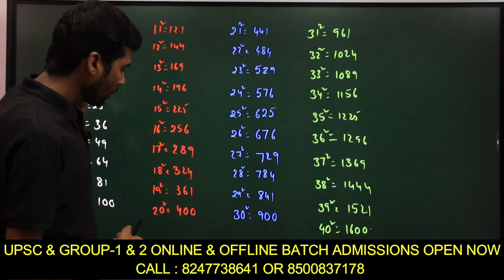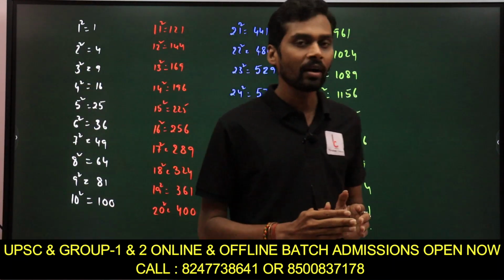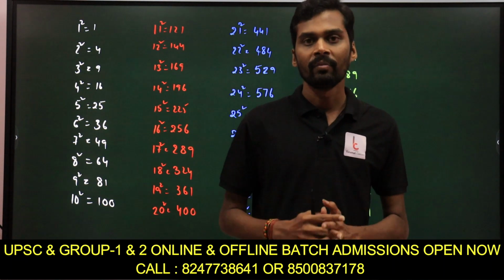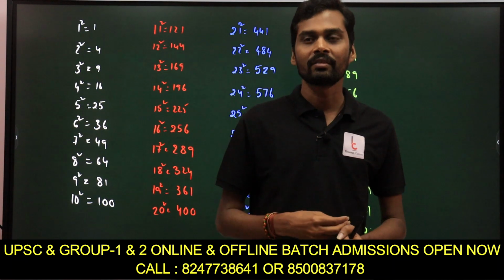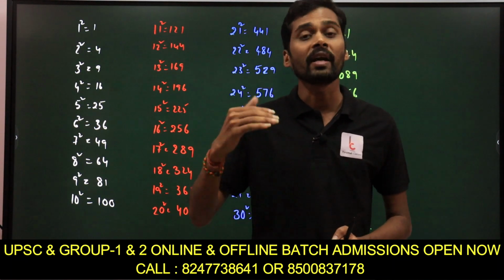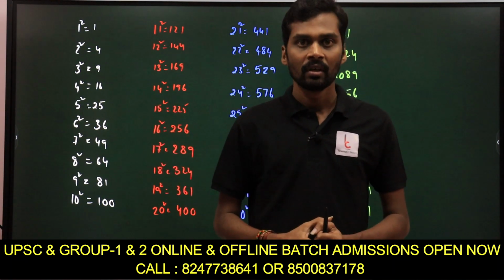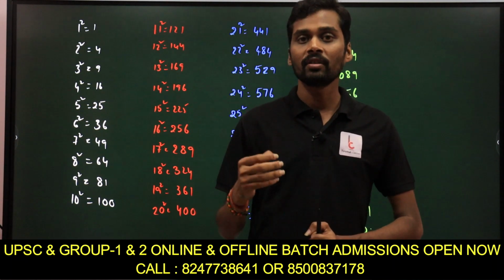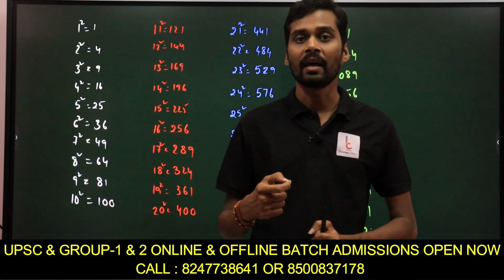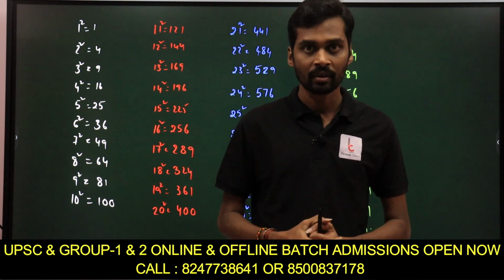Because when you do problems on reasoning or arithmetic, most of the time you come across finding out the square numbers. And I repeat, already in the previous classes I told you that finding out the square numbers, cube numbers and tables are very important.